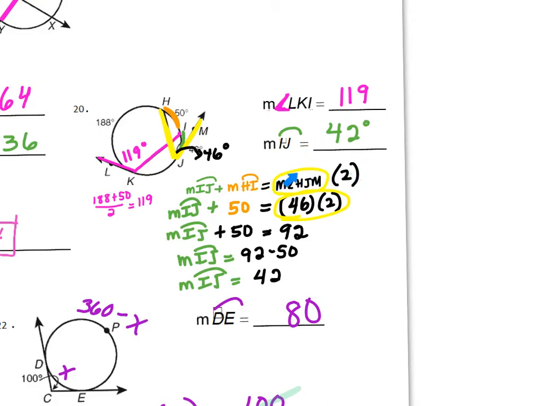So I know my yellow angle is 46. If I multiply by 2, I get 92. And I also know the orange arc, which is 50. So now I have the green arc, which I'm missing, this one here, plus 50 equals 92. If I subtract 50, that means my green arc is 42. And that's what I got as an answer.